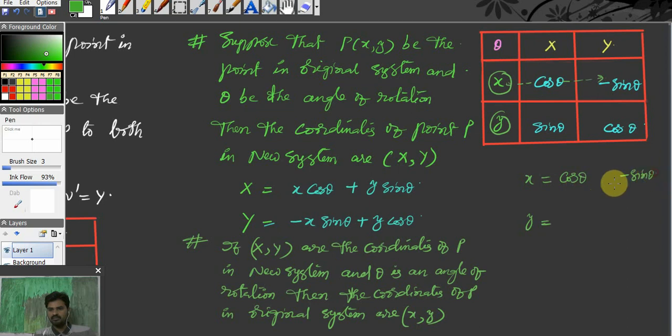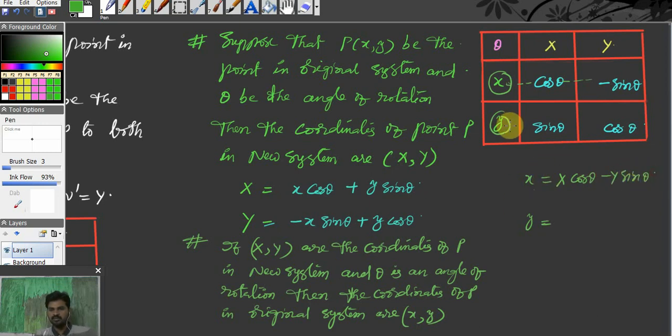Now you are going to add them. The first one is multiplied by capital X and the second one by capital Y. Then what do you get? X cos theta minus Y sin theta, and that gives the small x value.